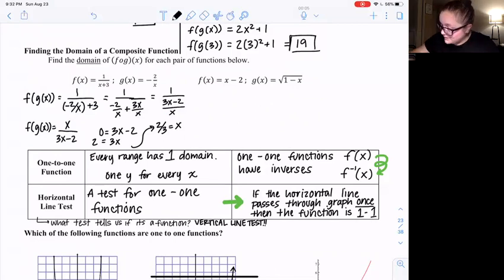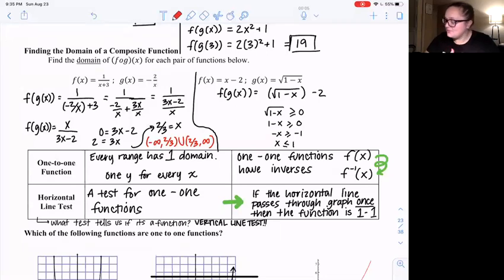So I'm going to write this in a different color, and that means from negative infinity to 2/3, union 2/3 to positive infinity. That is the domain of this composite function. Now, let's go ahead and try the second example here. I'm going to let you guys try that on your own, see if you can find the domain for that, and then meet me back here in a moment.